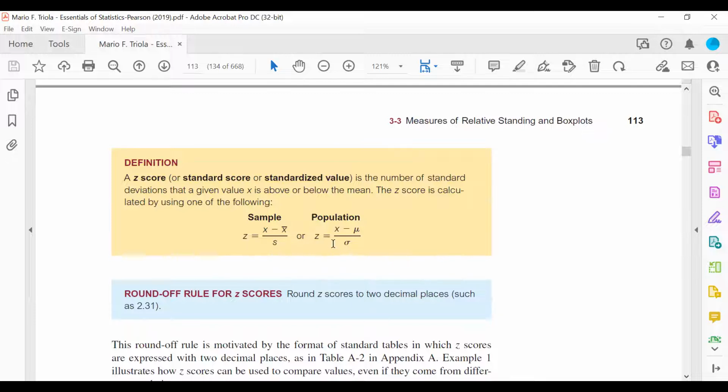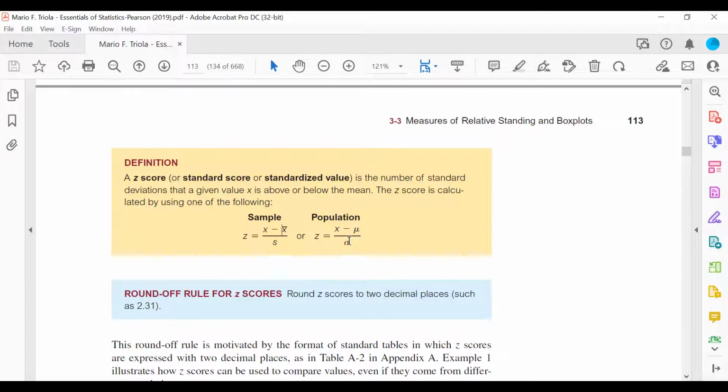Or you can use the formula for the population: z equals x minus mu over sigma. Recall that mu is the mean of the population, and sigma represents the standard deviation of the population.